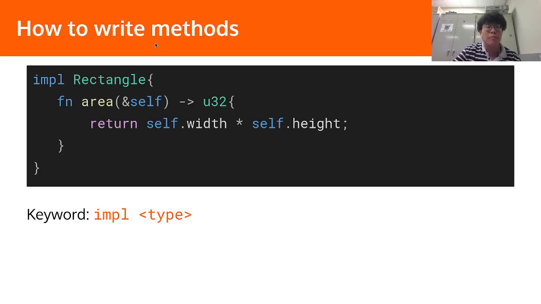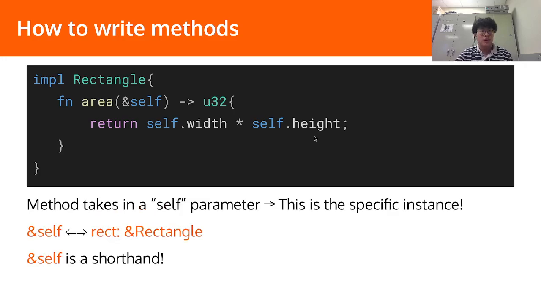And specifically for methods, the first argument that you take in will actually be the instance itself. For example, here we create a new associated function called area inside the impl block for rectangle, and here we take in the instance self. What the area function does is return self.width times self.height. So far so good.